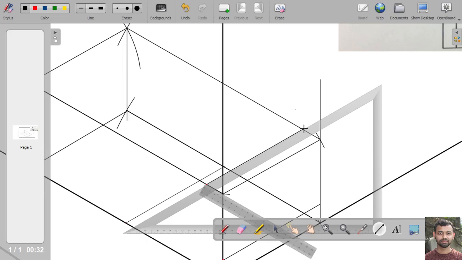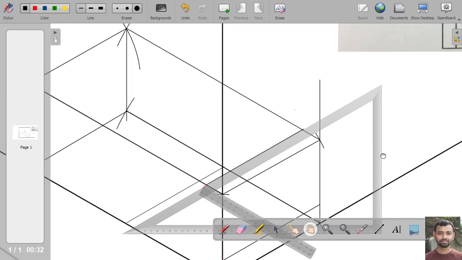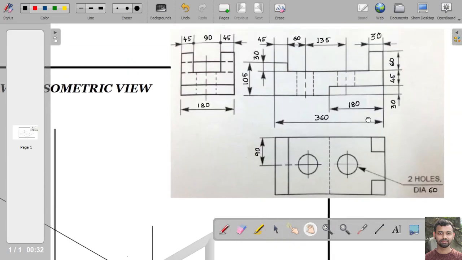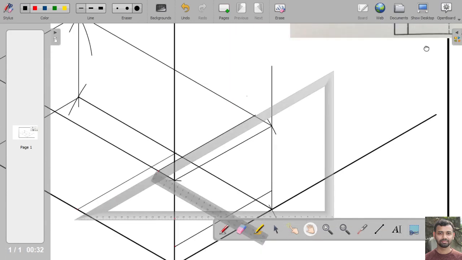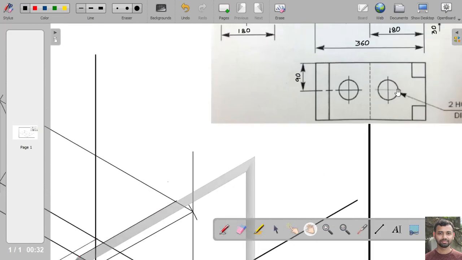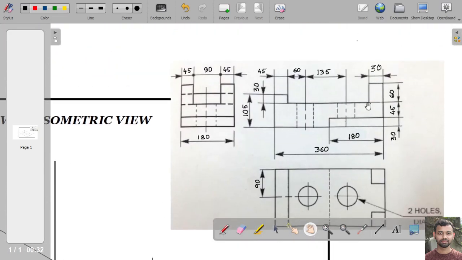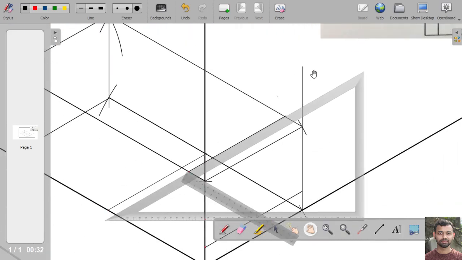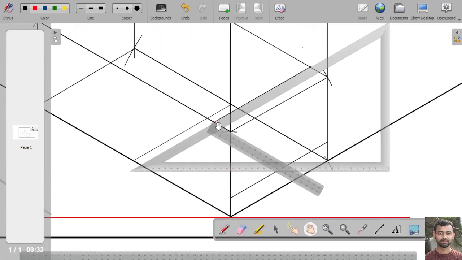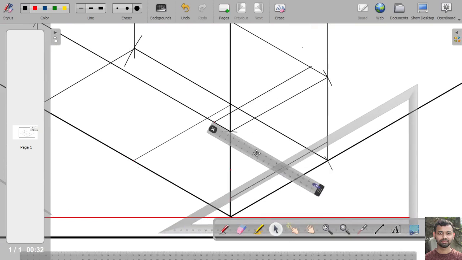Okay. So next part is, now we will draw the lower portion, this height. Now to draw this height, from this point we can draw a vertical line.